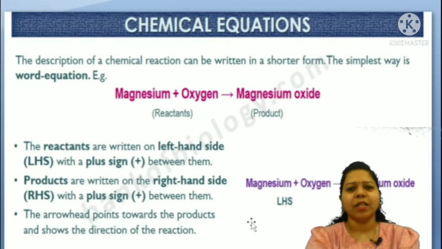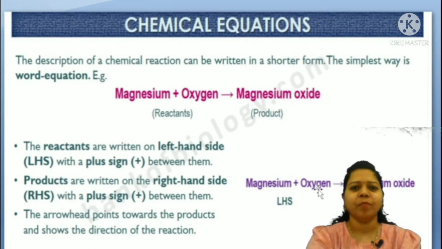In any chemical equation, we always write reactants on the left hand side. Magnesium and oxygen are reactants, that's why we are writing those on the left hand side. And magnesium oxide is a product in this reaction, that's why it is written on the right hand side.